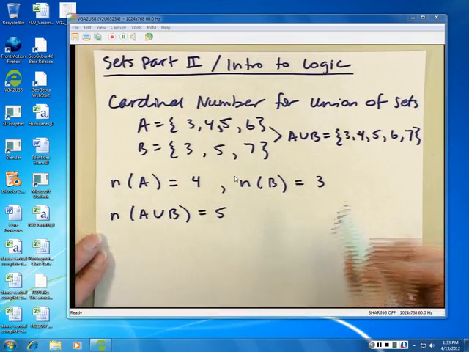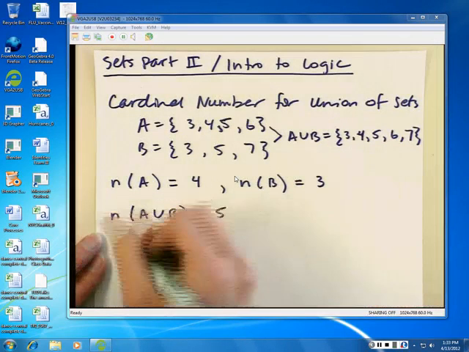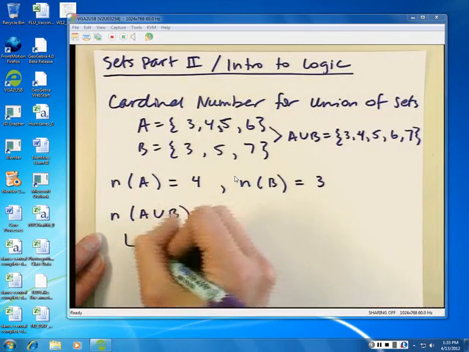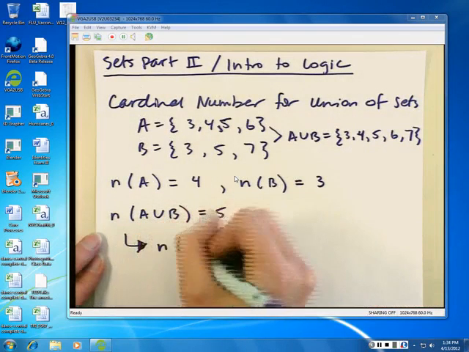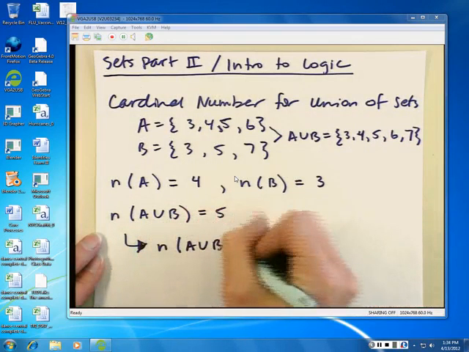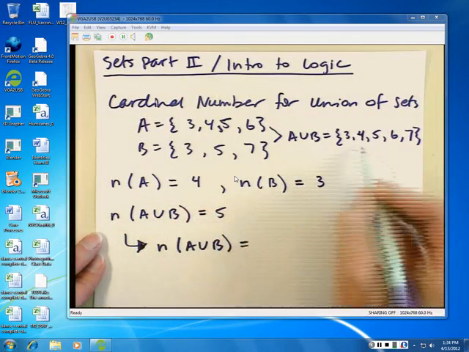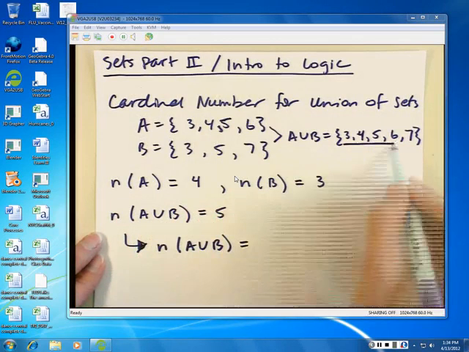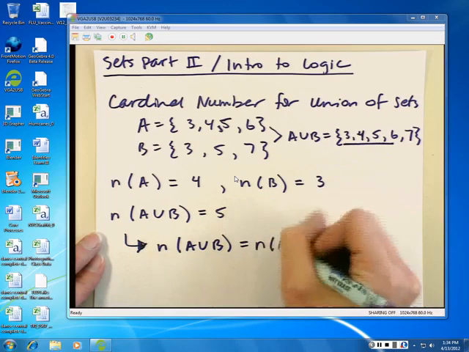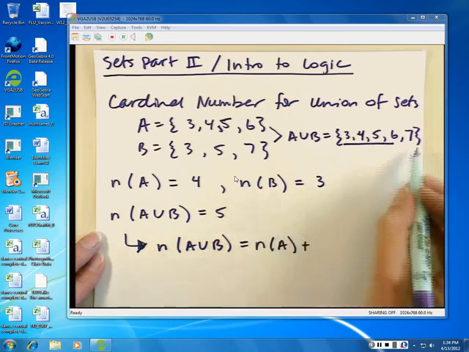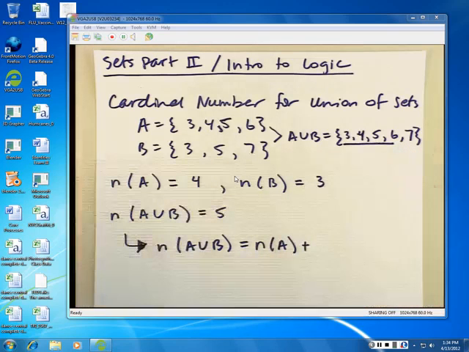So if I put everything together here, I find that the number in A union B is, remember how I started by writing out the elements in A, the number in A, plus we added any elements from B that weren't already in there.